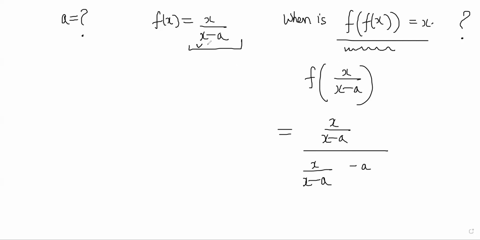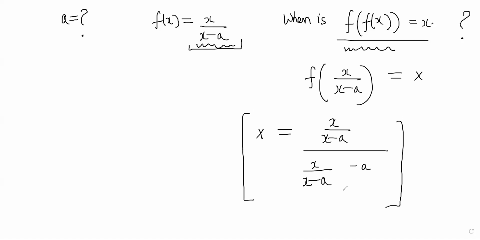We are putting, instead of input x, this thing. The question is saying that this should be equal to x. So finally we'll have this equation, from which we are supposed to find the value of a.